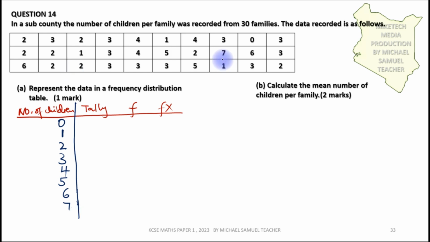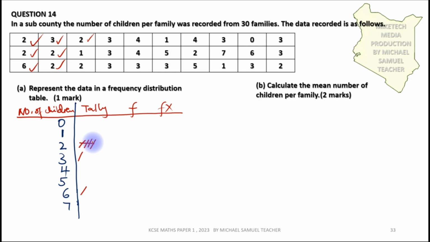So the least number of children is 0, the highest number of children is 7. So we're just using a tally so that we don't mess up. So we can start, we have 2, put a tick, another 2, tick, we have 6, tick, 3, tick, 2, there are 2, so we put those ticks.